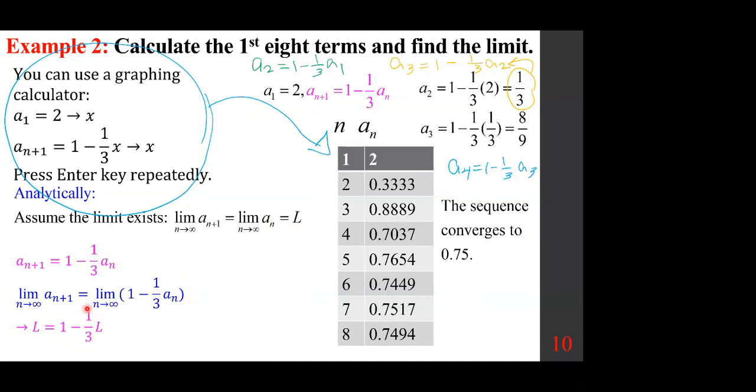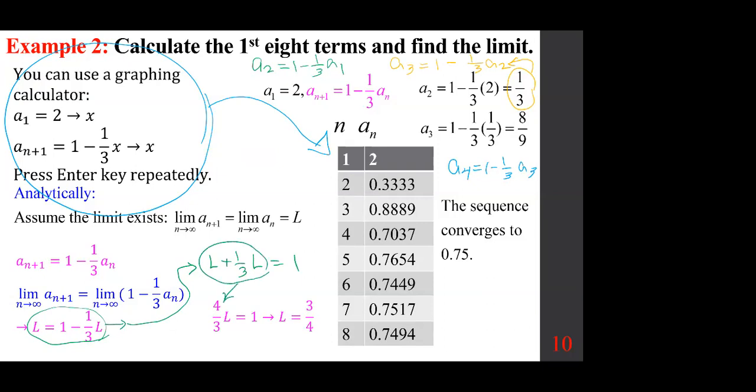Now, if I move negative 1/3 L to the left, it becomes positive 1/3, and L becomes 4/3 L. Everybody can see from here, I can say L plus 1/3 L is equal to 1.